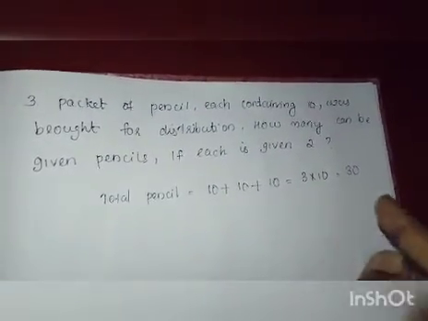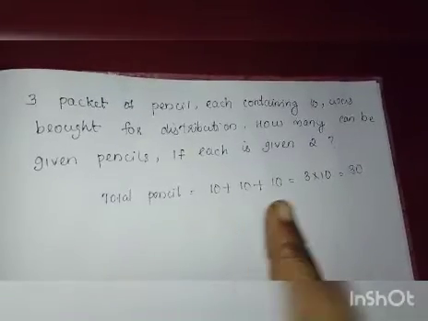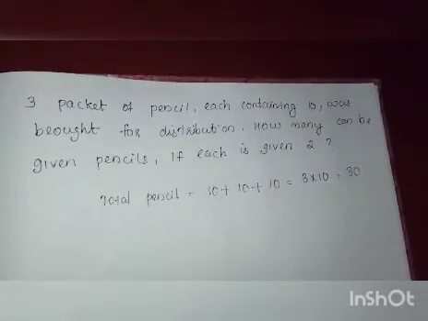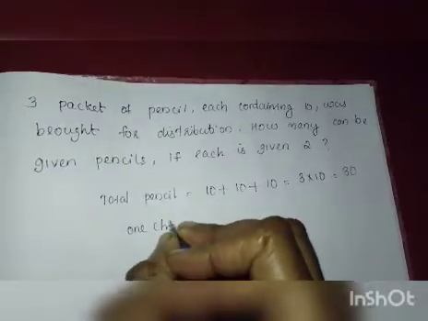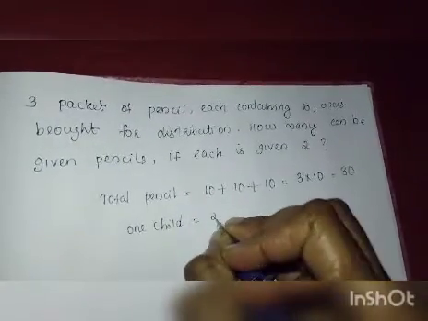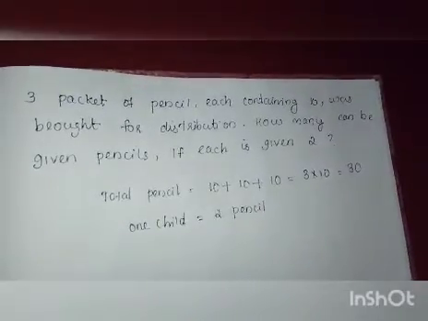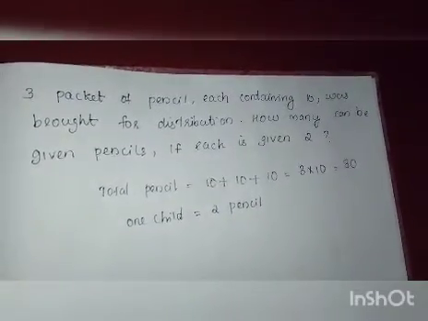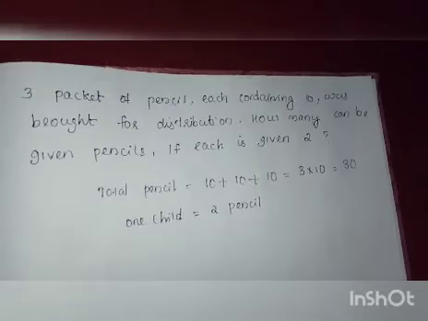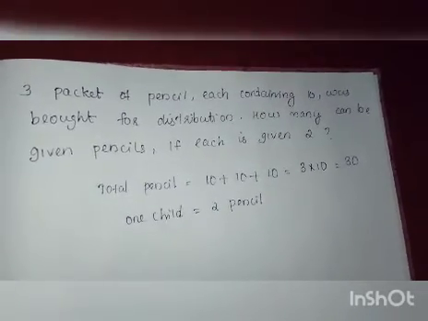Then they are asking how many children can be given pencils if each is given 2 pencils. One child gets 2 pencils. Then we want to find out how many students get these 30 pencils by equally distributing.